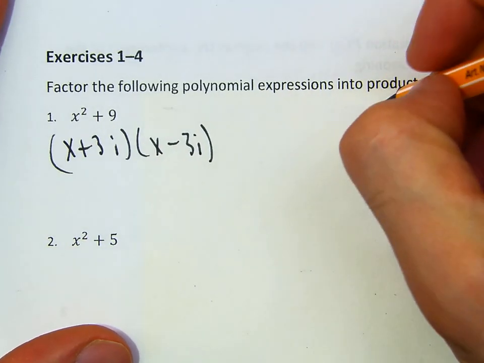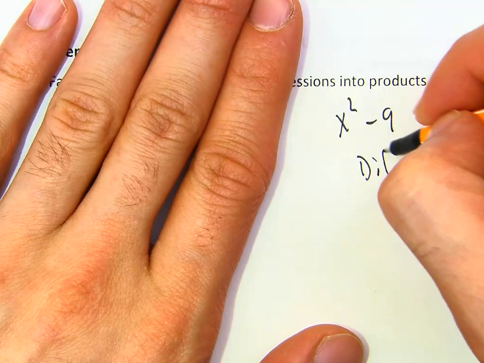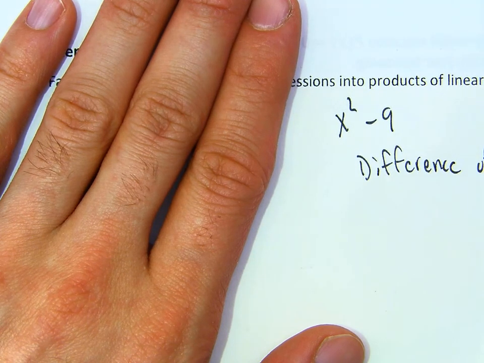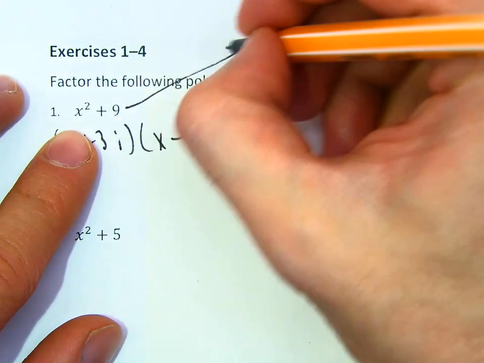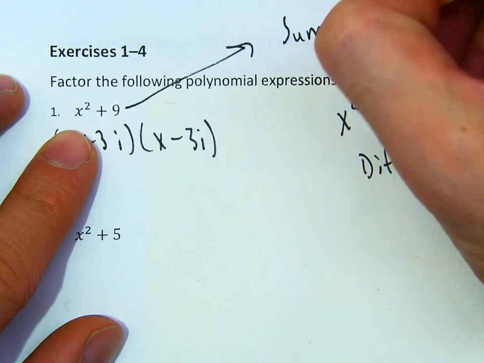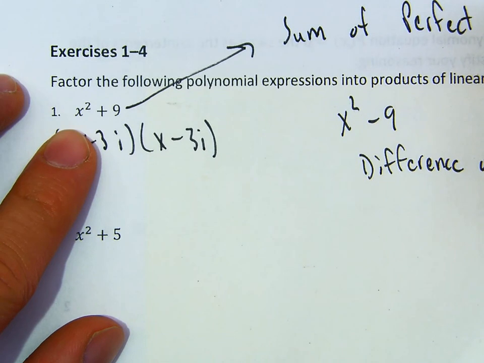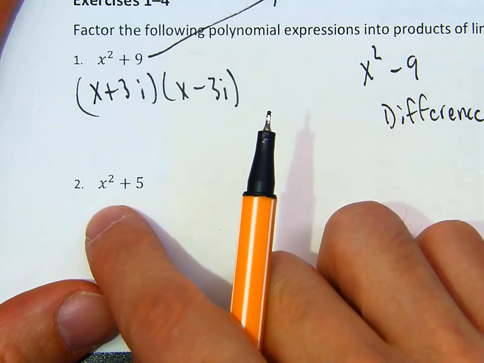For example, this is what we call a difference of perfect squares, right? But if I have something like this, we say that this is a sum of perfect squares.